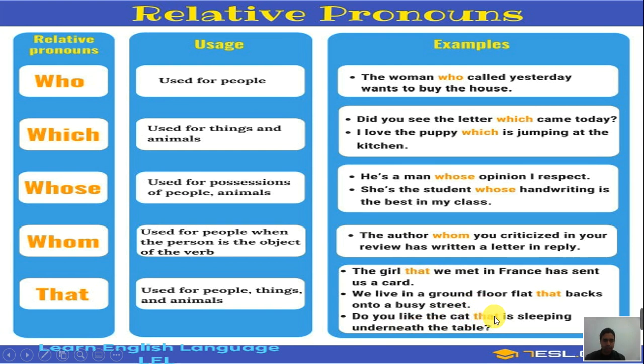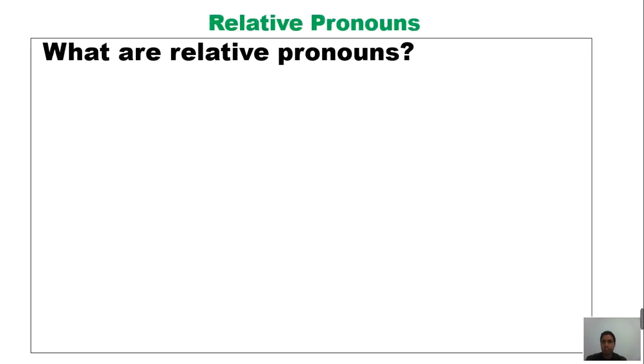So as I told you, that could be a substitute for who, for whom, and for which. And it could be a substitute only in restrictive clauses or defining clauses. We are going to see the difference between the two, restrictive or non-restrictive clauses, or defining or non-defining clauses.